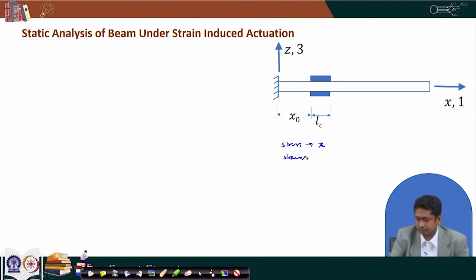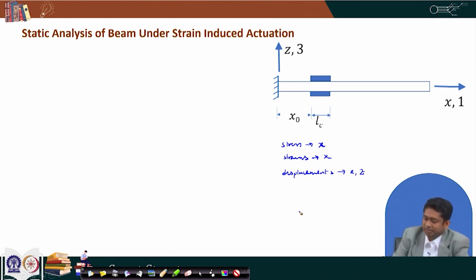Strains are also along the direction x, and the displacements, the beam deforms, are along direction x and z. So, we look into this one dimensional phenomena.